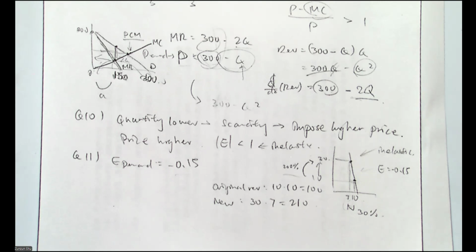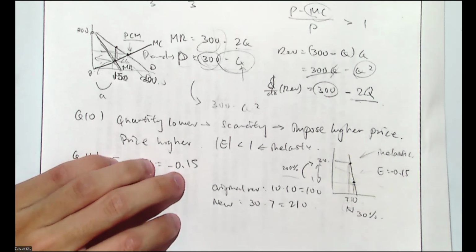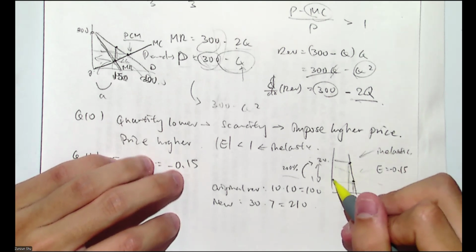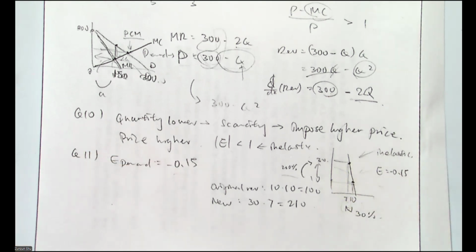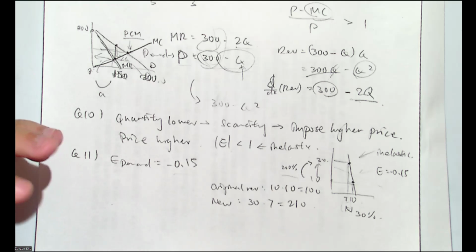Also, do remember that inelastic looks like this, and elastic would look like that. Knowing that, you just plug in some fake numbers, and you see, previously my revenue is so and so, my new revenue will be so and so. So the better choice here would be to decrease output.